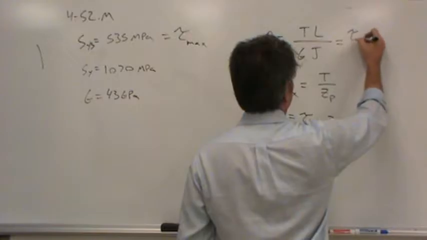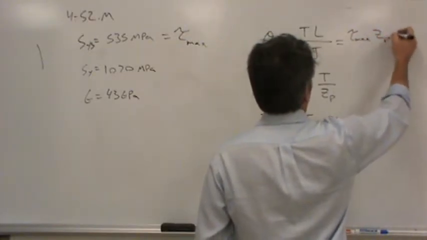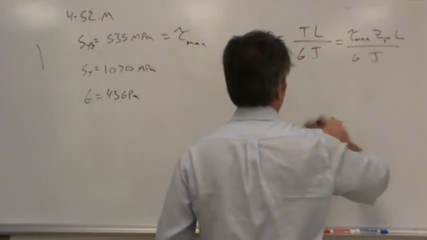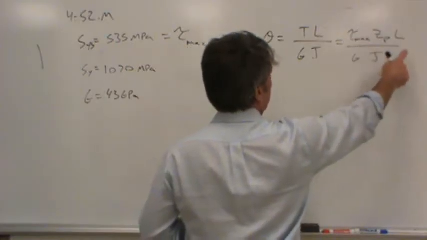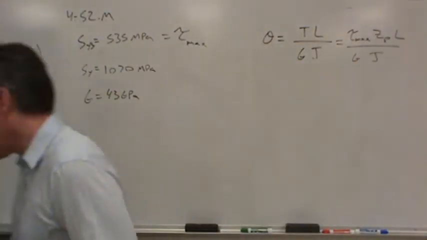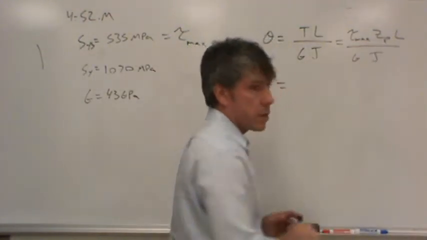So the angle is tau max Z_P L over G J. We're getting close because we know the value of tau max, we know the length, I think that was given, wasn't it? Yeah, it's 200 millimeters. And all we need is J and Z_P. So let's see if we can find that.